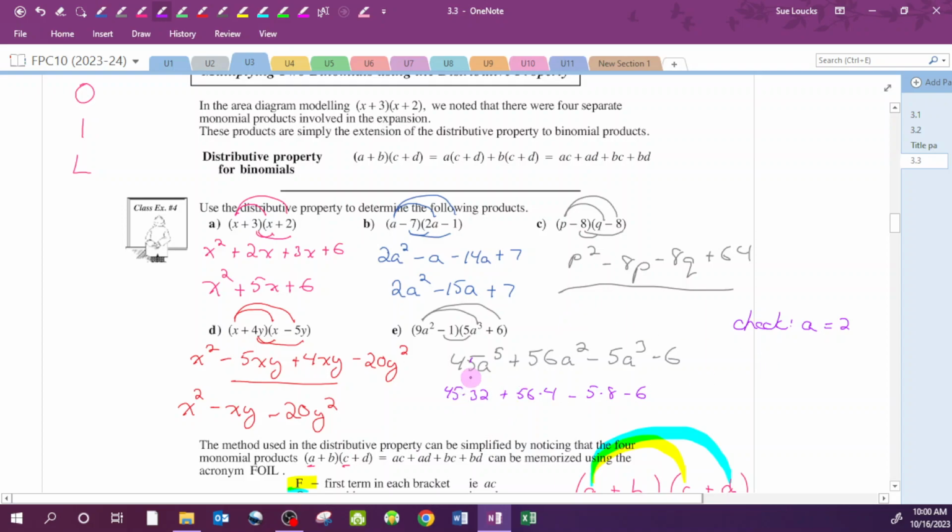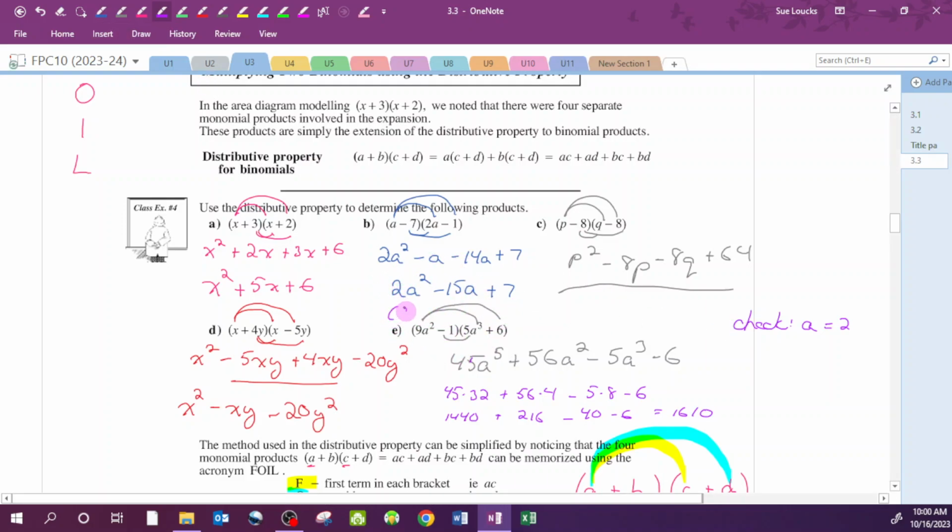But now I don't know what 45 times 32 is, so I'm going to pick up my calculator, and that's 1440 plus 216 minus 40 minus 6, and I put that all in my calculator, and I get 1610.